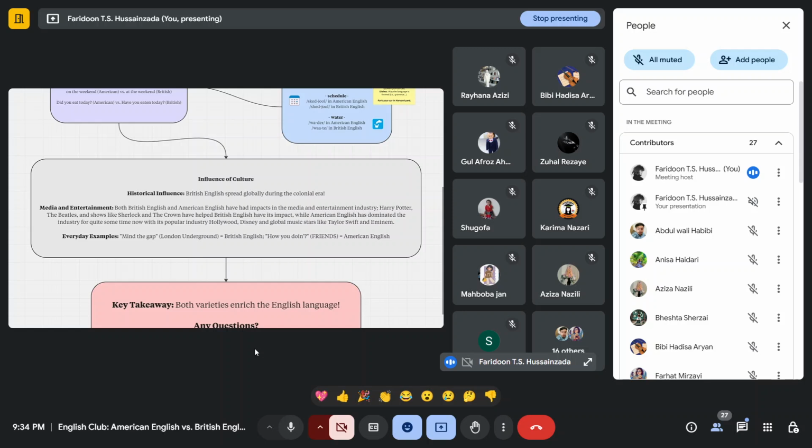When he went back to Britain and was asked to do a TV commercial, he was pronouncing things in American English, and the producers told him, hey, you're from Kingston, you're from here, you're from Britain, so don't use American. Why are you using American here? That's how big of a difference it makes for some people.